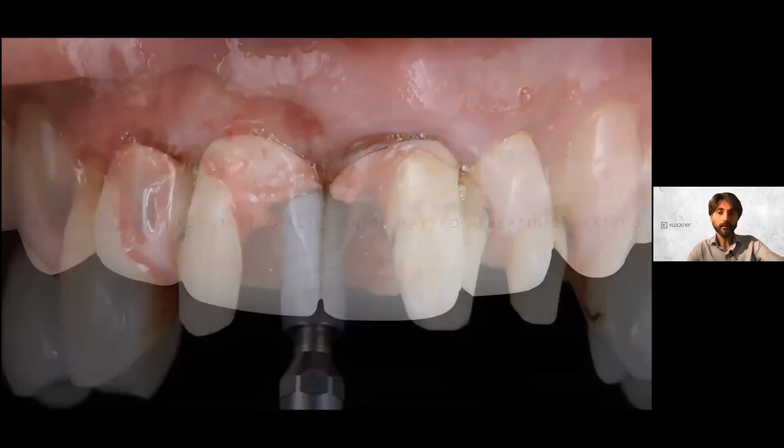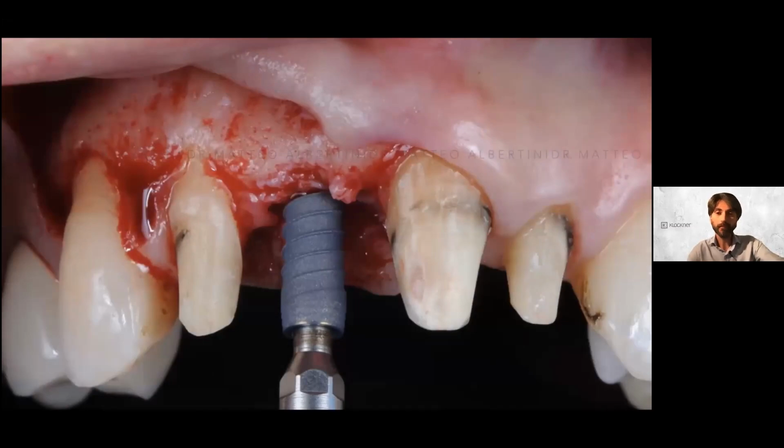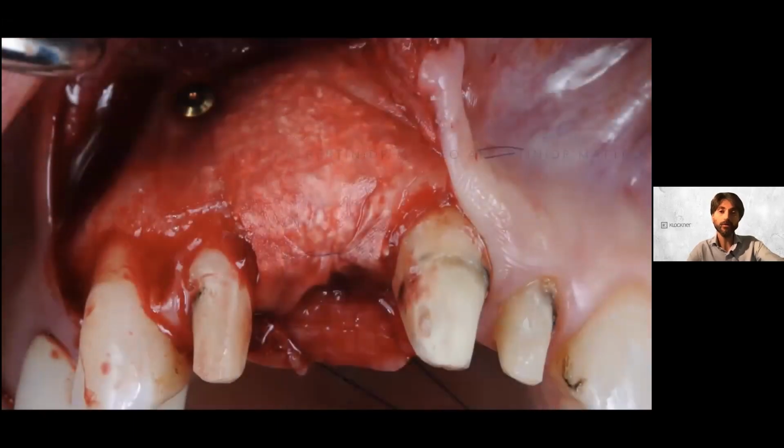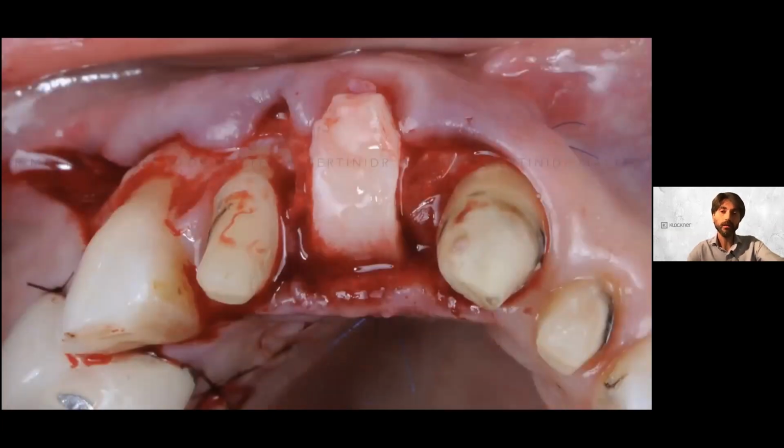To do that, a full thickness flap elevation is needed to create a space to regenerate the bone and the soft tissues. So in these cases, we have no other choice than to make a bone regeneration and, in one shot, soft tissue augmentation as well. So this is not minimally invasive.